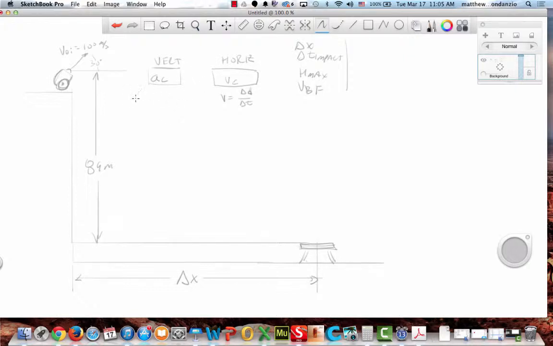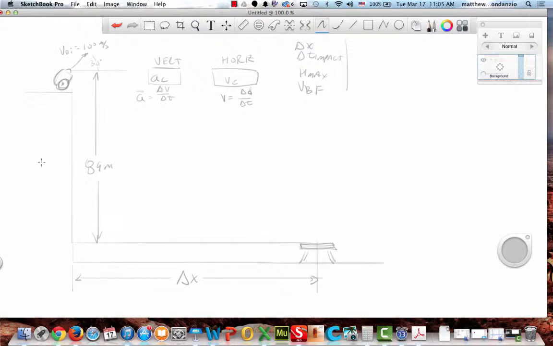Okay. What are my equations that I could use for constant acceleration? I have a few of them, don't I? Give me the first basic one. Velocity final equals velocity initial plus A delta T. Yep, that's actually the same as delta V over delta T, isn't it?